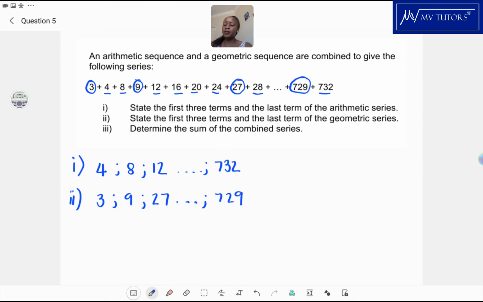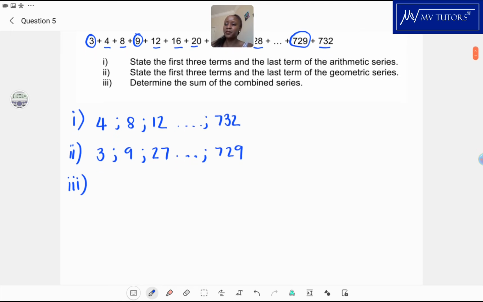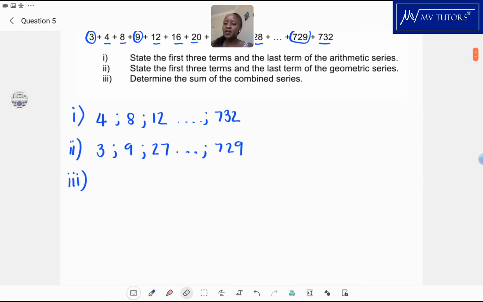Okay. All right, and then the last question, determine the sum of the combined series. Okay, you know what, because they said series, let me go ahead and put addition.